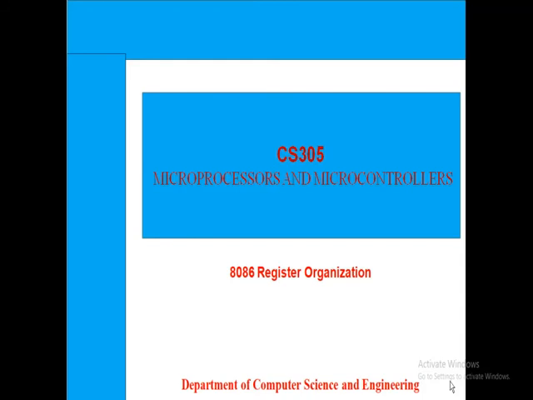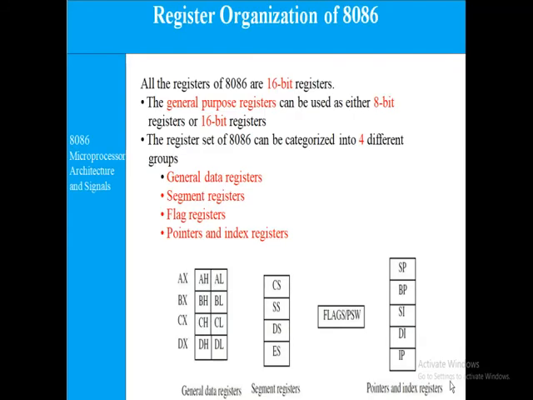In the 8086 microprocessor, the register sets are mainly used for holding the data, instructions and intermediate results, etc. There are two types of register sets: the general purpose registers and special purpose registers. General purpose registers are used for holding data, instructions and intermediate results.